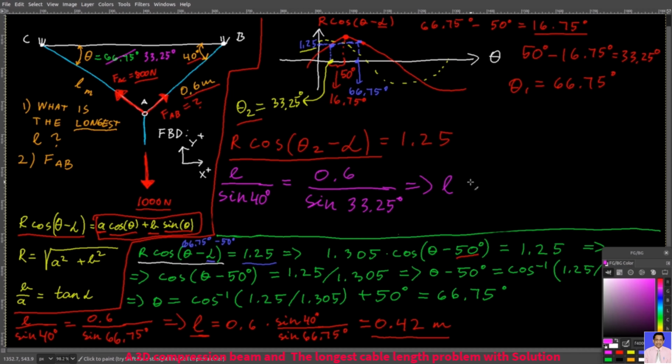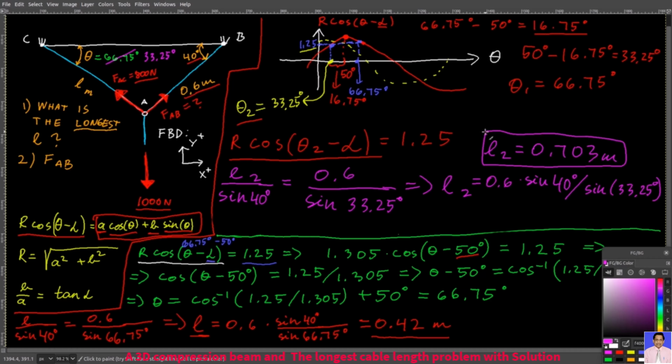And if I calculate my length, which will be length 2, then I will end up with this expression, and so my length 2 will be 0.703 meters. And there you go. This length is also valid for this situation, but it's longer than my length 1. And since I had to find the longest L, that's my answer.